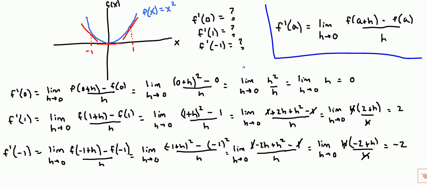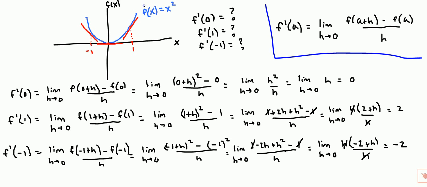The slope here at x equals 1 is plus 2. The slope here has the same magnitude, it's just in the opposite direction. So if you had the slope at x equals 100, then the slope at x equals -100 would have the same magnitude, just the opposite sign. That's due to the symmetry of this graph.